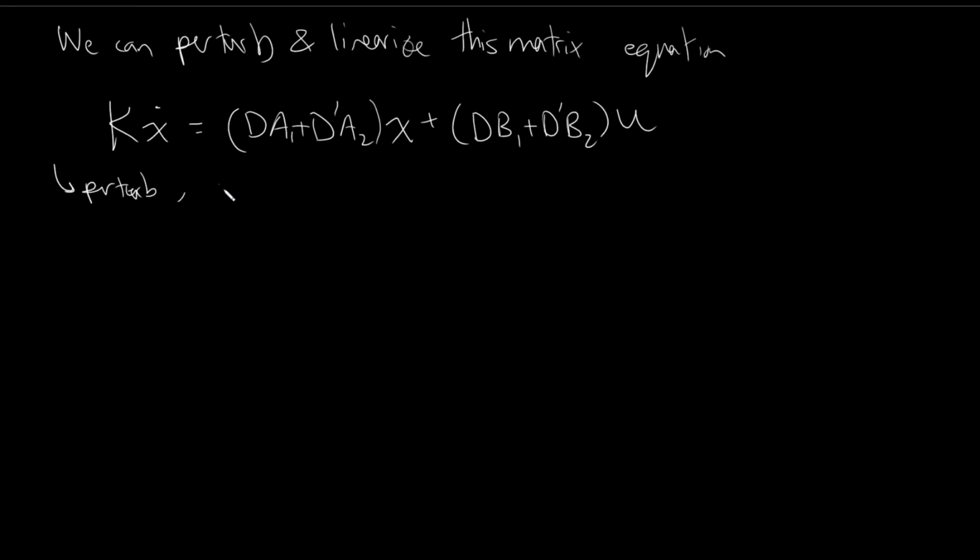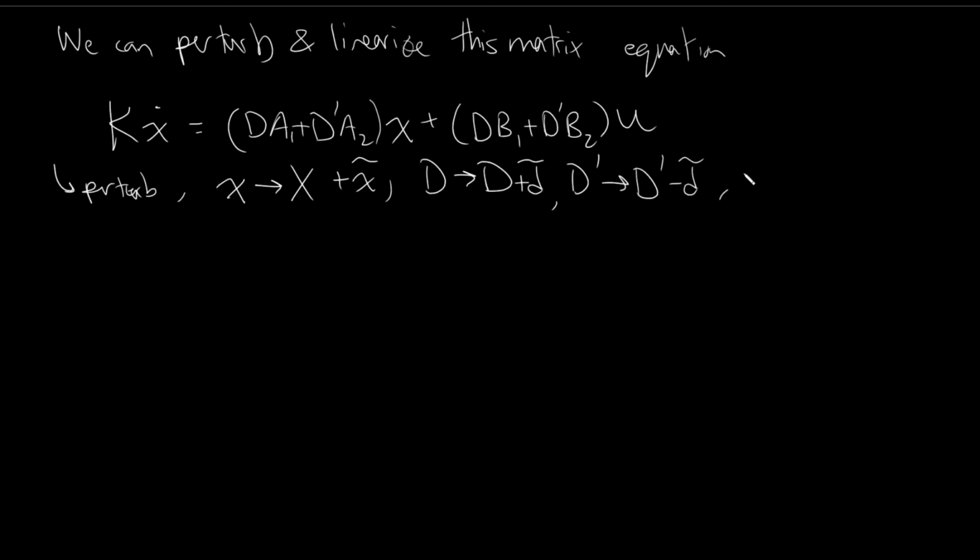It means that x is going to big X plus small signal x. D is going to go to big D plus a little d. D prime is going to go to a big D prime minus a little d prime. And U is going to go to big U plus little u.